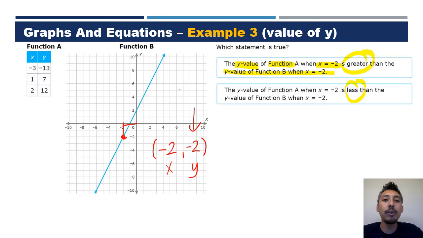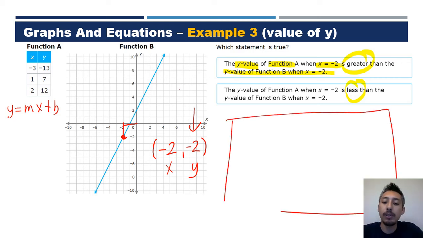Like before, we know that we could write the equation of this table in the form y equals mx plus b. In order to do this, we first need to find the slope and then the y-intercept, just like we did before. Let's do some of the work over here. We know that the slope is change of y over change of x.